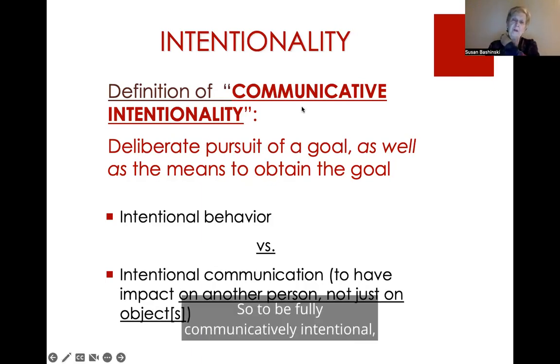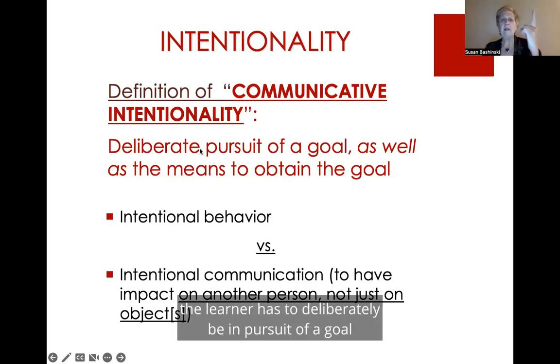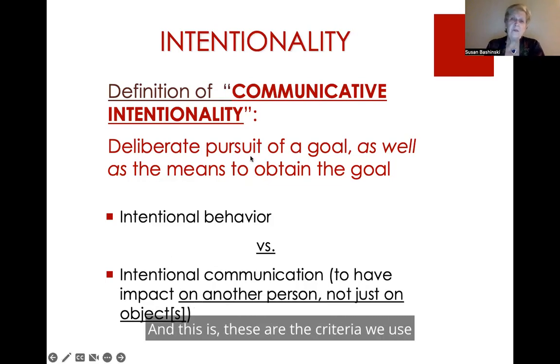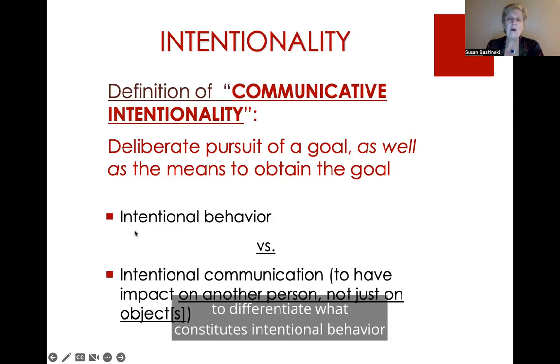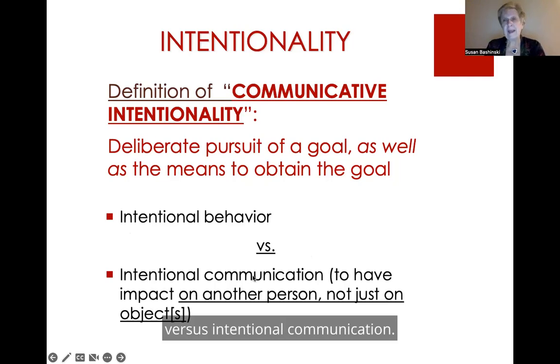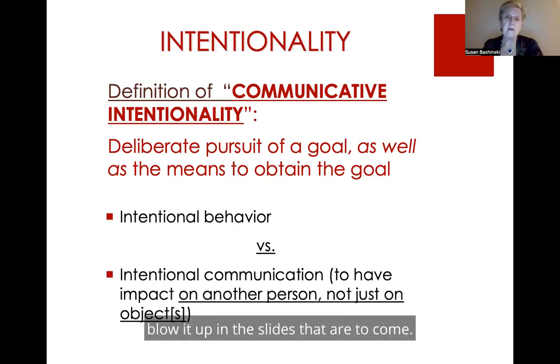So to be fully communicatively intentional, the learner has to deliberately be in pursuit of a goal and have a means in mind for achieving that goal. And these are the criteria we use to differentiate what constitutes intentional behavior versus intentional communication. I'm just introducing this notion here. We will develop it, blow it up in the slides that are to come.